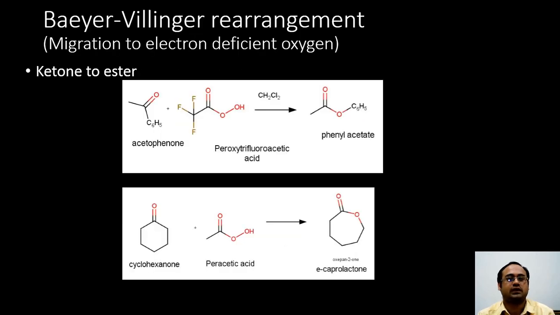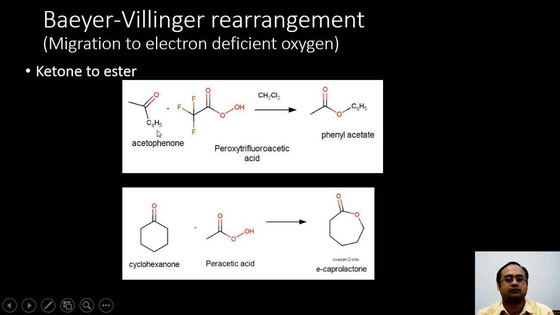Next molecular rearrangement that we are going to understand is the Baeyer-Villiger rearrangement. In this, migration of groups takes place to an electron deficient oxygen, and this is very useful to convert some ketones into esters.